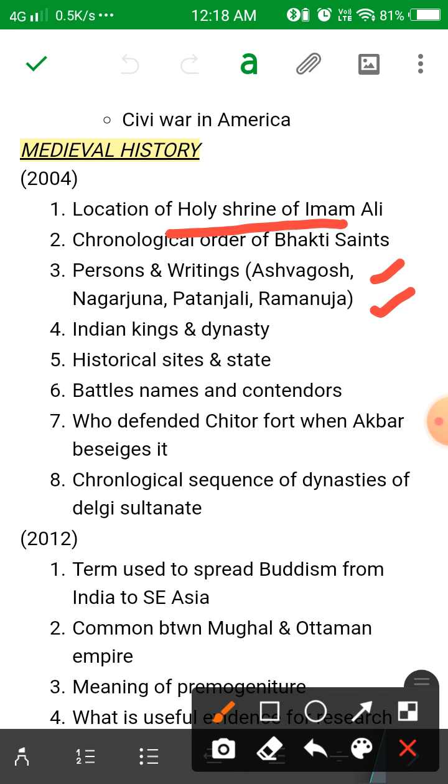So these persons and writings were asked, and Indian kings' names were given, and we need to match with the dynasties. Historical sites and states were also asked to match the following, and we have battle name and the contenders who defended the Chittor fort when Akbar besieged it, chronological sequence of dynasties, and the Delhi Sultanate. Okay.